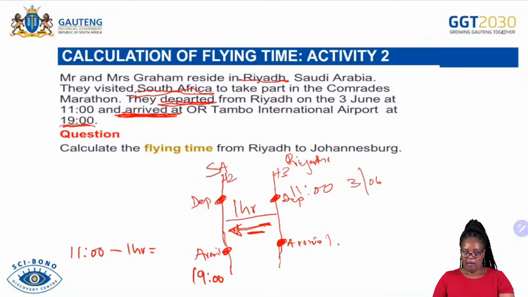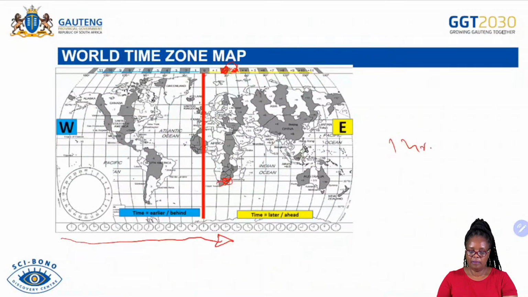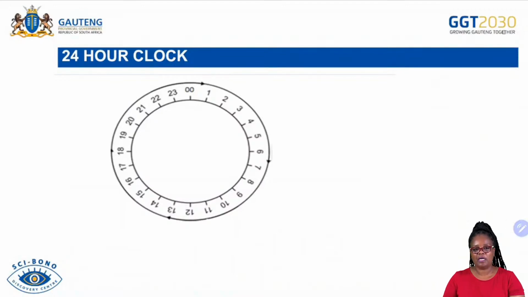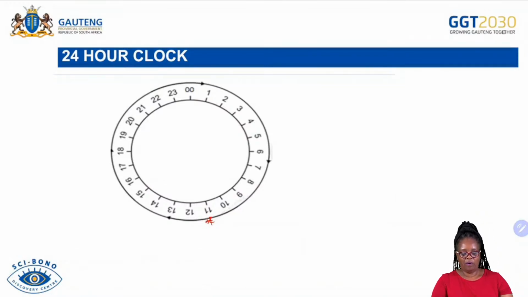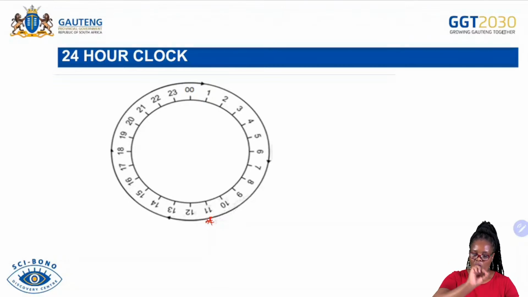Let's go to our clock, because we don't use the calculator, we use the clock. Here we are, we go to 11, there's 8, 9, 10, 11. From 1100 hours, we minus 1 hour. Remember, the clock is moving clockwise.